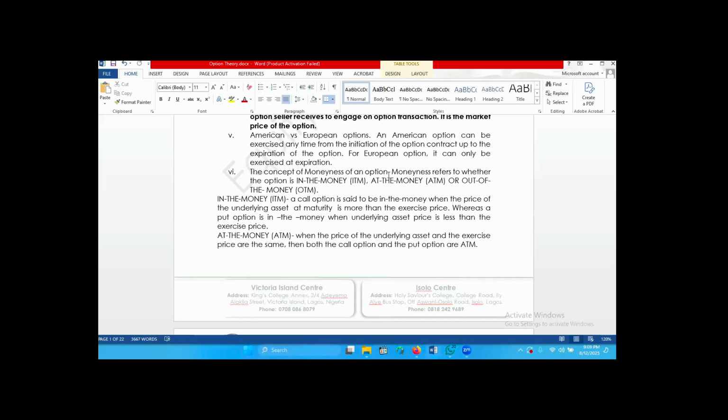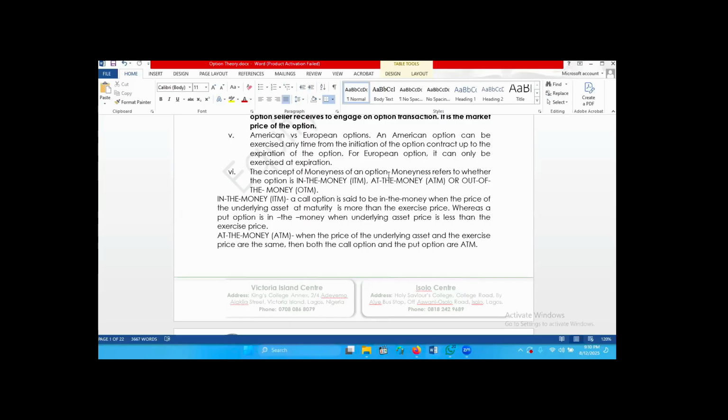Let us explain in the money. In the money simply means that the option contract is profitable.